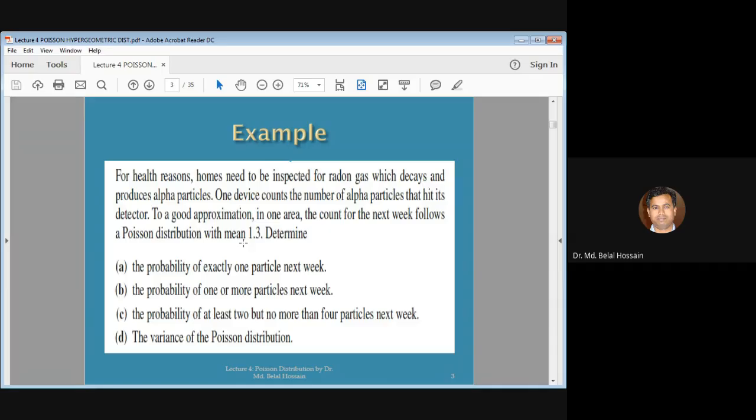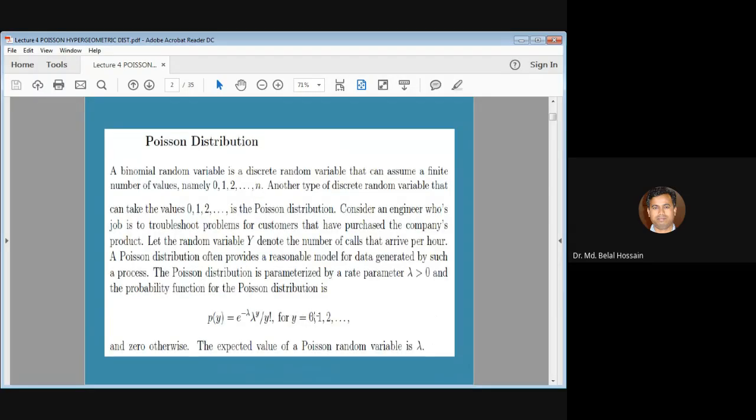So determine part A, the probability of exactly one particle next week. We have to find the probability that y equals 1. Write down that lambda equals 1.3, and put the values in the functional form, e to the power minus lambda, lambda to the power y, divided by factorial y. You will eventually get the probability that y equals 1.